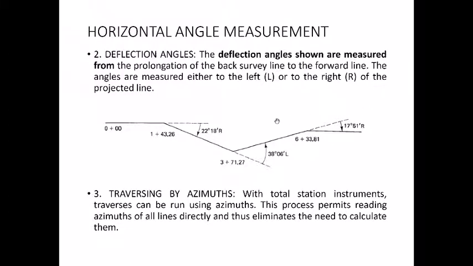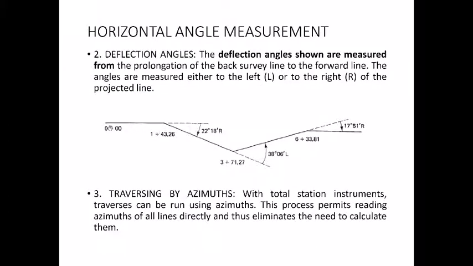Deflection angles are very useful in the open traverse case where you want to set out different connecting lines, like in projects with roadways, railways, electric supply lines, and so on. Deflection angles are your deviation from your straight path.